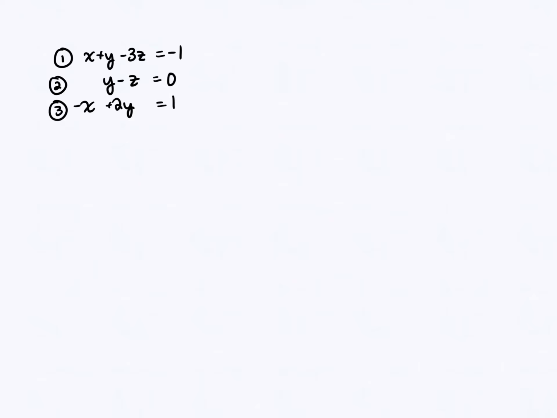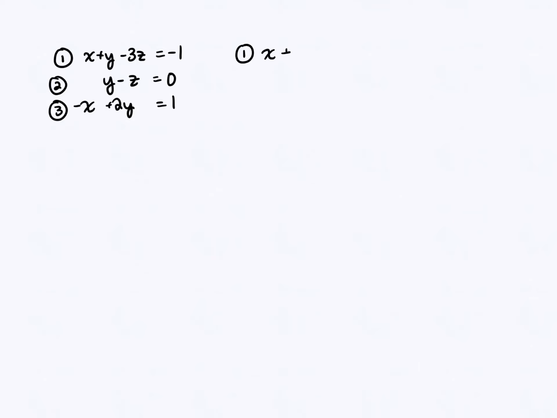Now, what's really nice here is that I've already got an equation that just has y and z in it. So why don't I go ahead and use the first and last equation and eliminate x in those two equations.